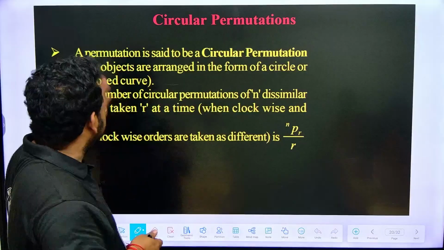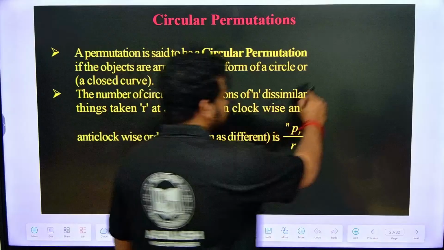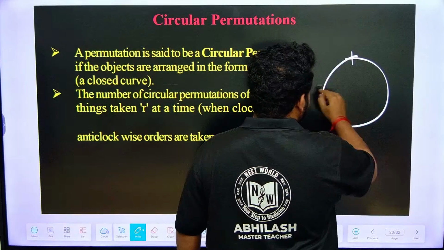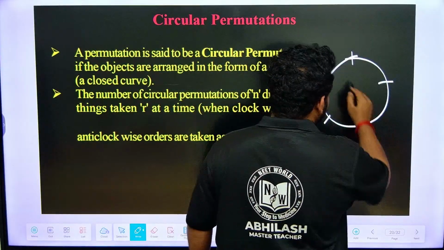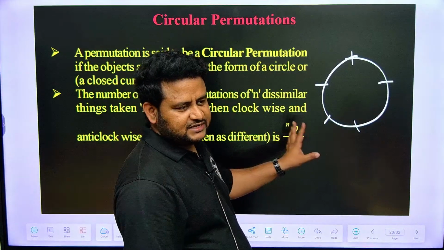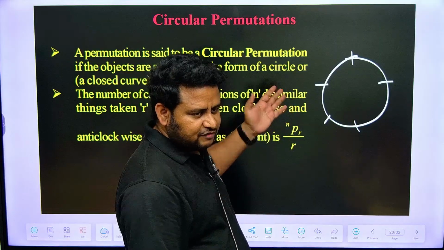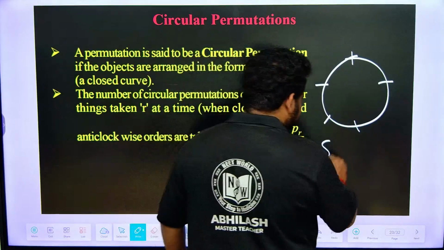Now see here, circular permutations. Suppose we have a circle with 5 places, 1, 2, 3, 4, 5. How many ways can you arrange the 5 members here? If they ask, you will write 5 factorial. In linear you used to write 5 factorial, here also you will write 5 factorial.